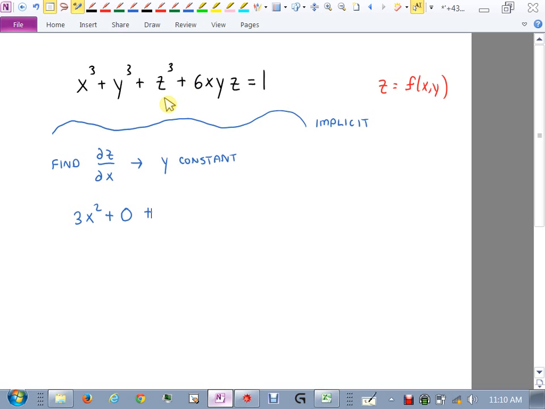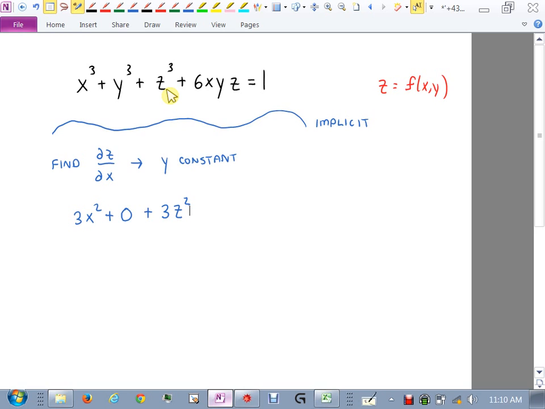now, the derivative of z cubed. z is not being held constant, right? We're treating it as a function of x. So we're going to have to use the power rule first to get 3z squared. But then after the power rule, we go inside and look at the base. We say, what's the derivative of z? We're going to say partial, though.